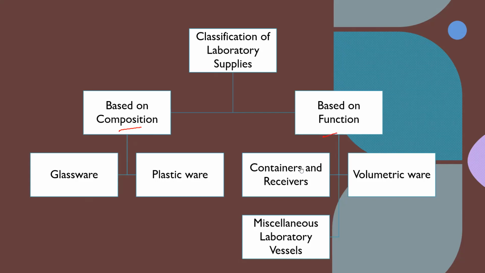If we are going to classify our laboratory supplies based on composition, they can be classified as glassware and plasticware. Definitely, glassware is fragile. And if it is plasticware, there are precautionary measures in using it, most especially if we are going to handle acids or bases.